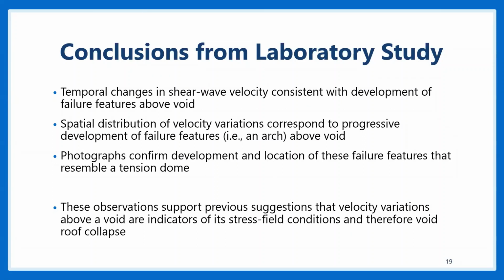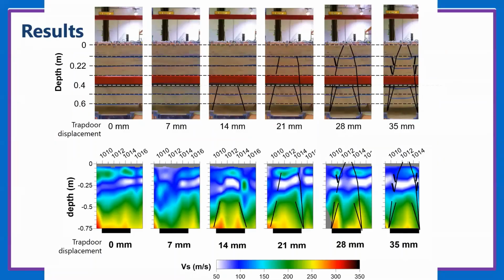And what's fun is that the spatial distribution of these velocity variations corresponds to the progressive development of these failure features, where these changes in velocity seem to appear where there are failure features developing and then progressing vertically upwards.